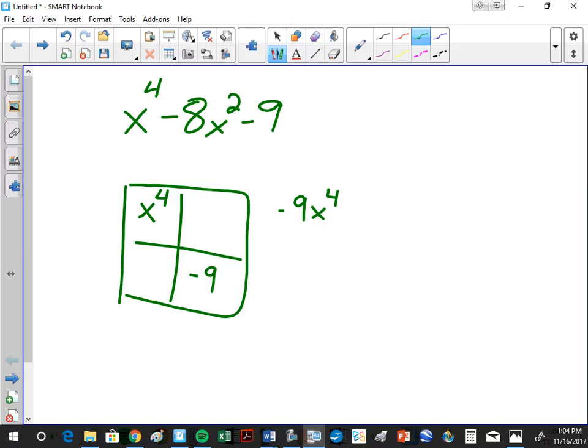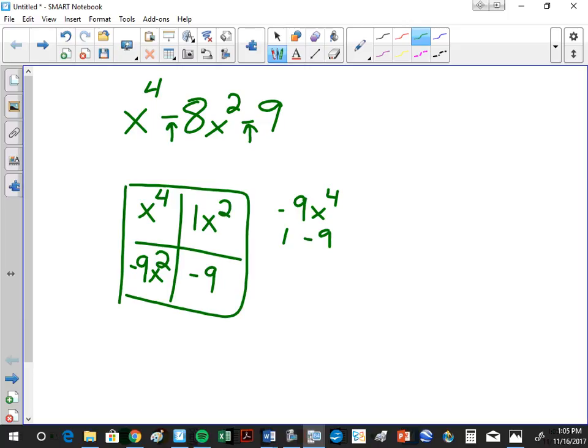Well, this sign is negative, which tells me one is plus and one is minus. And this one tells me that the bigger one is negative. So 1 and negative 9. Will that work? Yes. But it's not 1x. It's 1x squared and negative 9x squared. What does the top row share?